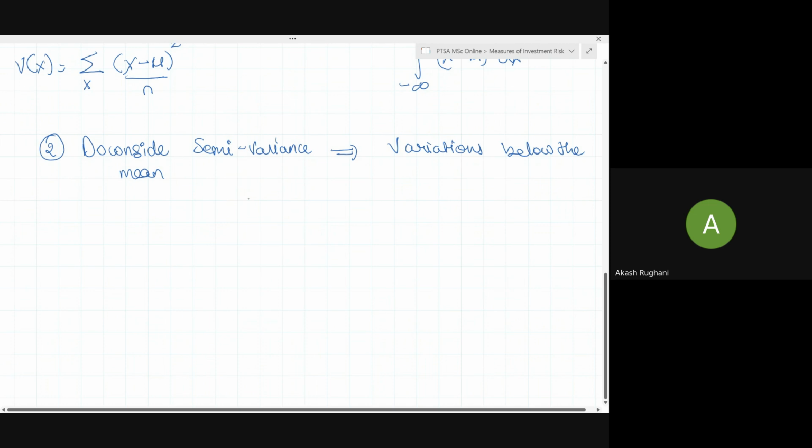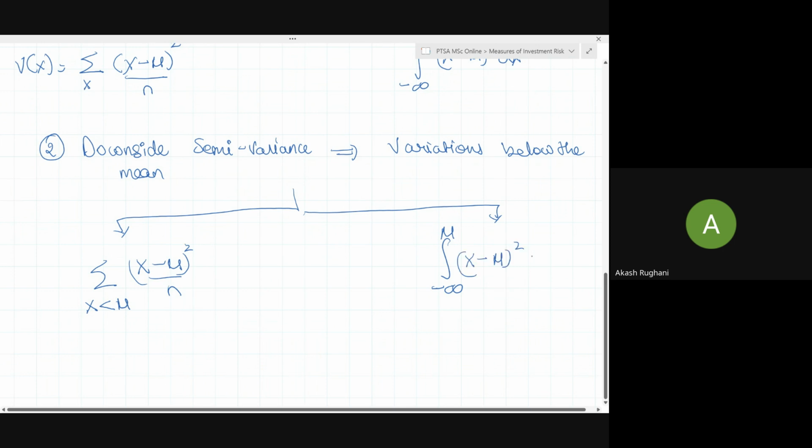The formula remains the same, x minus mu the whole square by n. But when I sum it, I will sum only for those values of x which are less than the mean. When I integrate it, I will integrate only till mu. So it is the same as standard deviation, the only difference is I am looking at only the downside risk. In other words, the focus is on the downside risk.